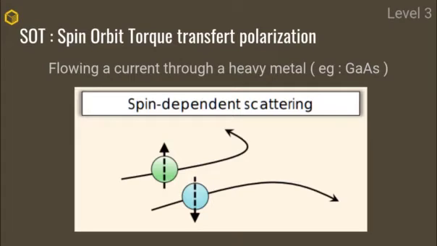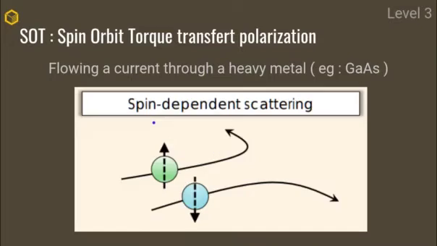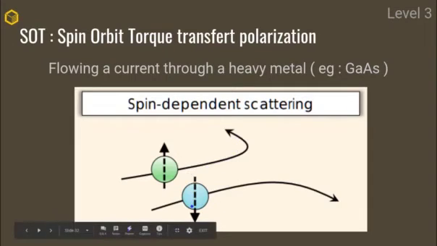So this basically means that given a metal, you have a higher probability of positively polarized electrons going to your left and a higher probability of negatively polarized electrons going to your right. And this is what we're actually going to use.